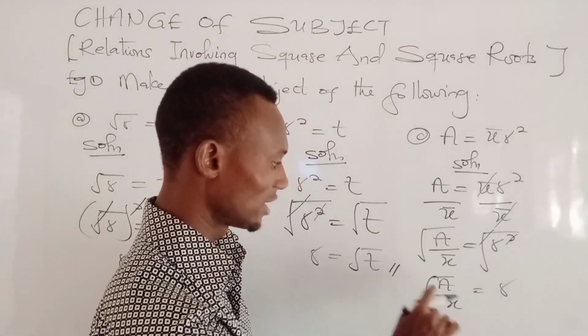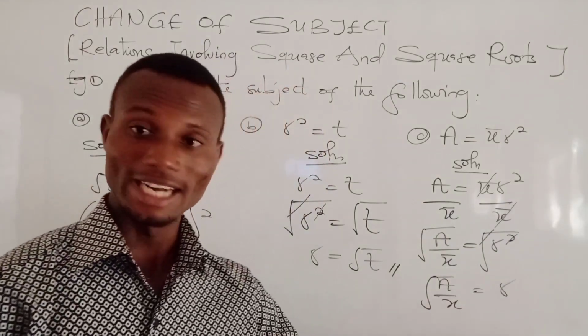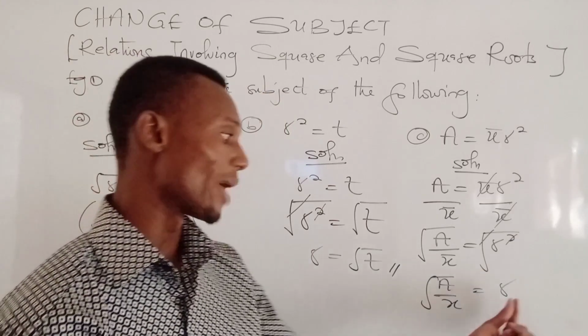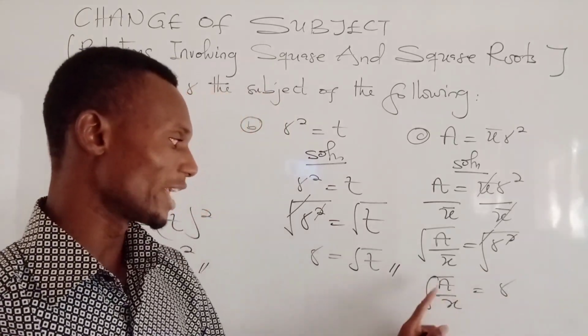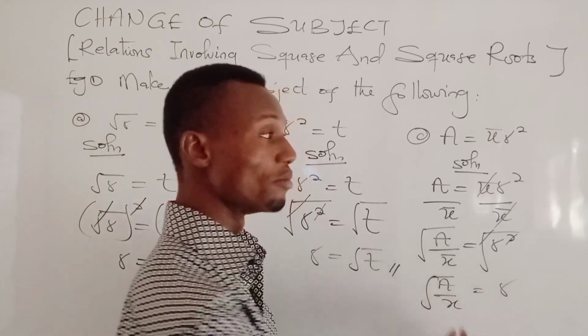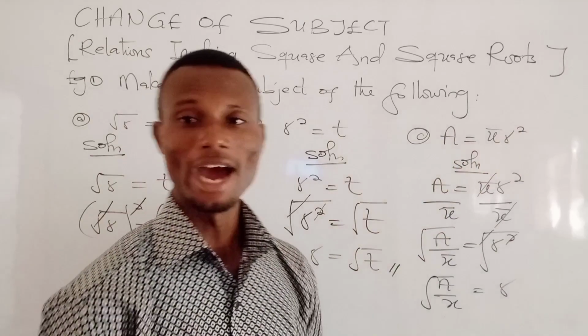Now what we have left is the square root of a over pi. You can see r is standing alone, so we've made r the subject of the given equation. So our r equals the square root of a over pi. That is the final answer for making r the subject of the given equation, a equals pi r squared.